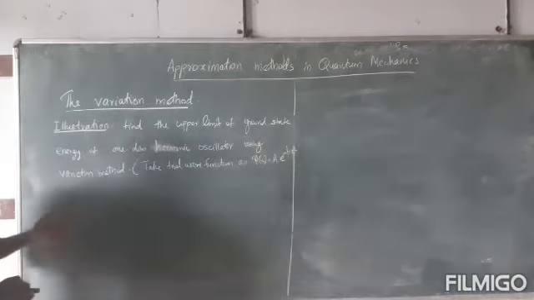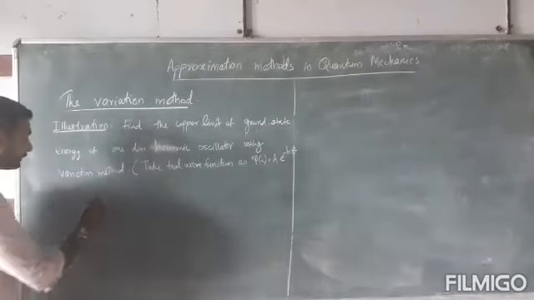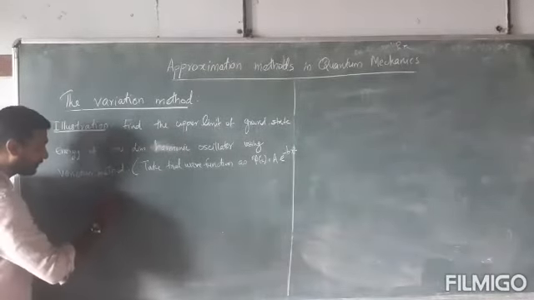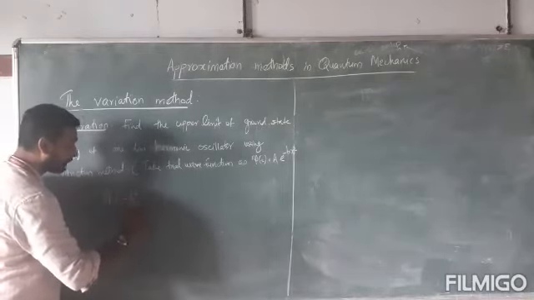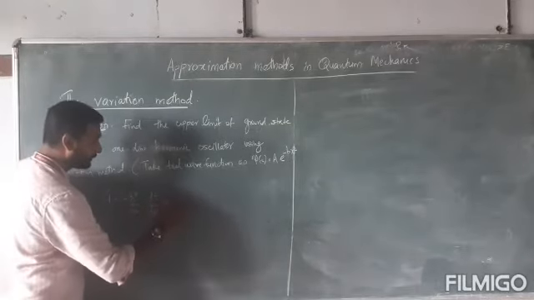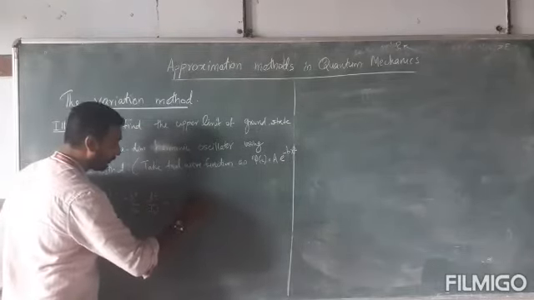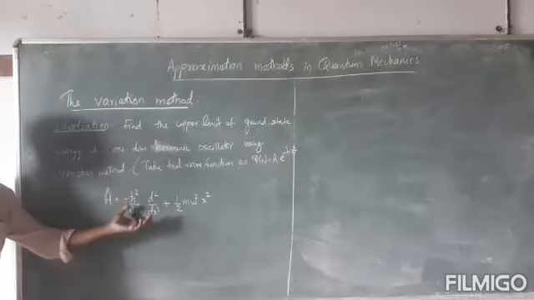Now first of all, for a one-dimensional harmonic oscillator, what is the Hamiltonian? I can write H equal to minus h bar square by 2m d square by dx square plus the potential, half m omega square x square. This is the form of the Hamiltonian.